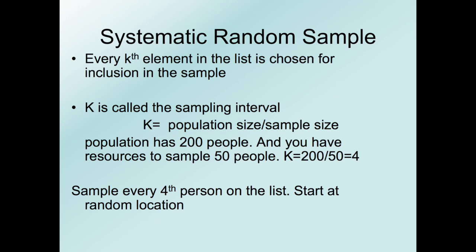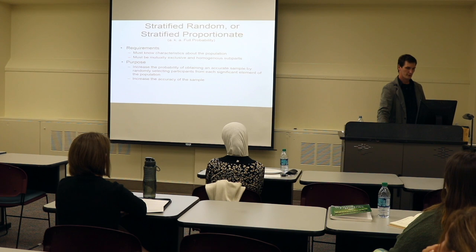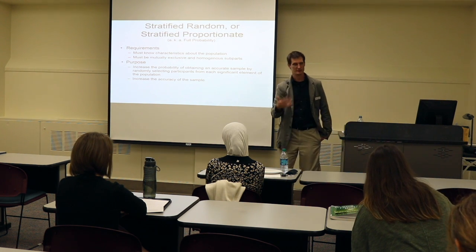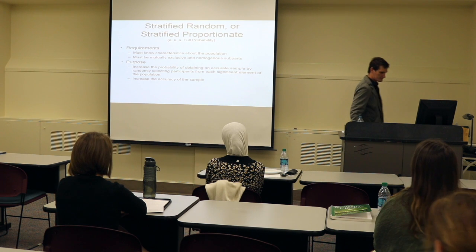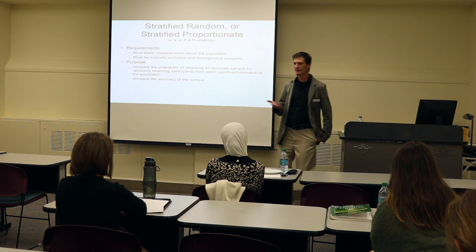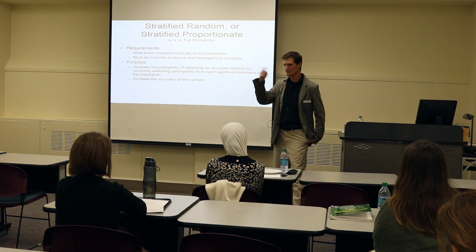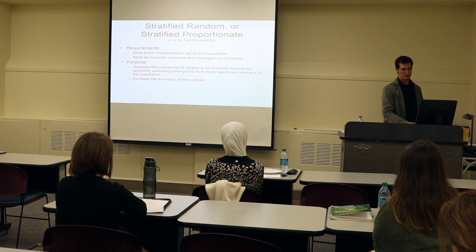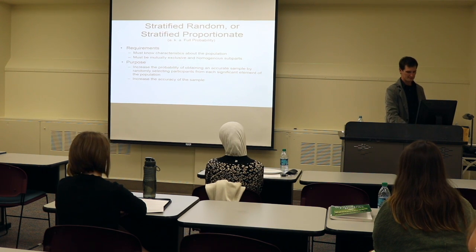Select every fourth person from the list to include, starting from a random location in the list. Or you select a random position in the list and then choose every fourth person from that, right? Not really that much different. I'm not sure that there's necessarily any advantage to doing that other than just having that systematic process for inclusion or selection into your study.